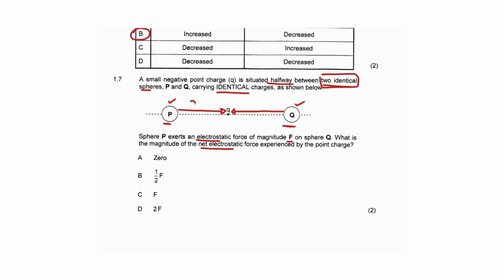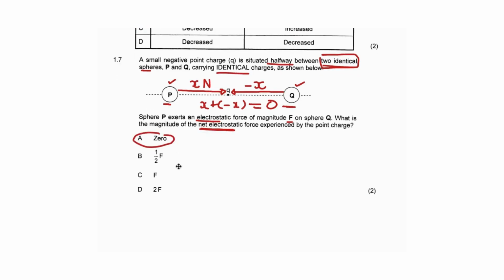For example, if we say this exerts a force of X newtons and this exerts a force of negative X newtons, to find the net electrostatic force, we would just say x plus negative x, and that's going to be 0. So that would lead us to choosing option A.